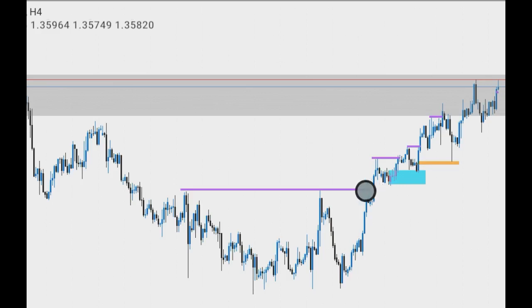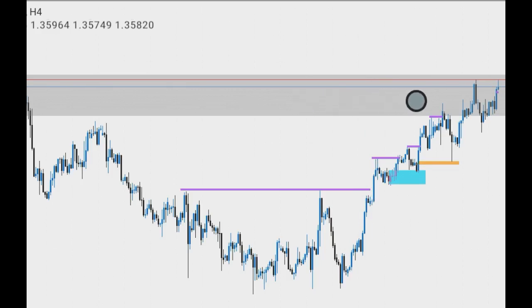As soon as you see that price has broken this relatively equal high, which is the last significant lower high on the H4, what do you do? You start looking for entry opportunities to take price up to this daily POI. All right? Why do we need to take it to this daily POI?